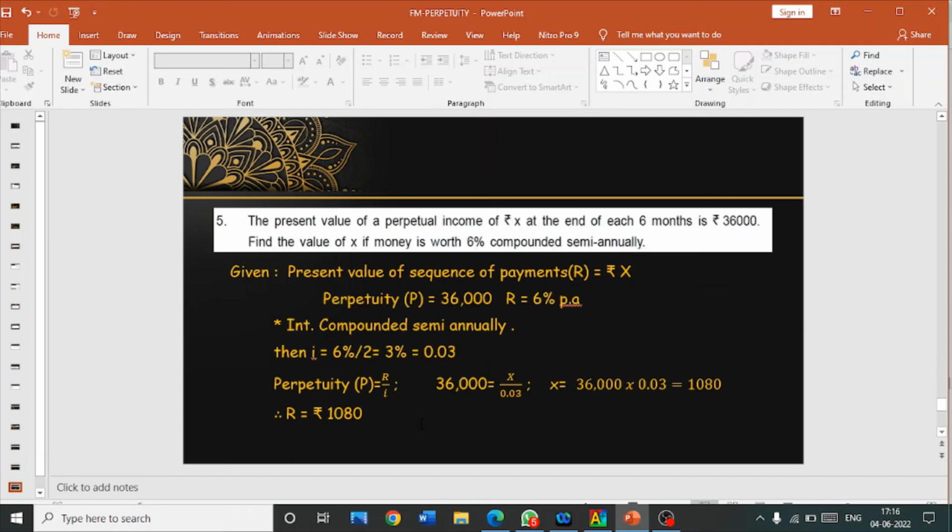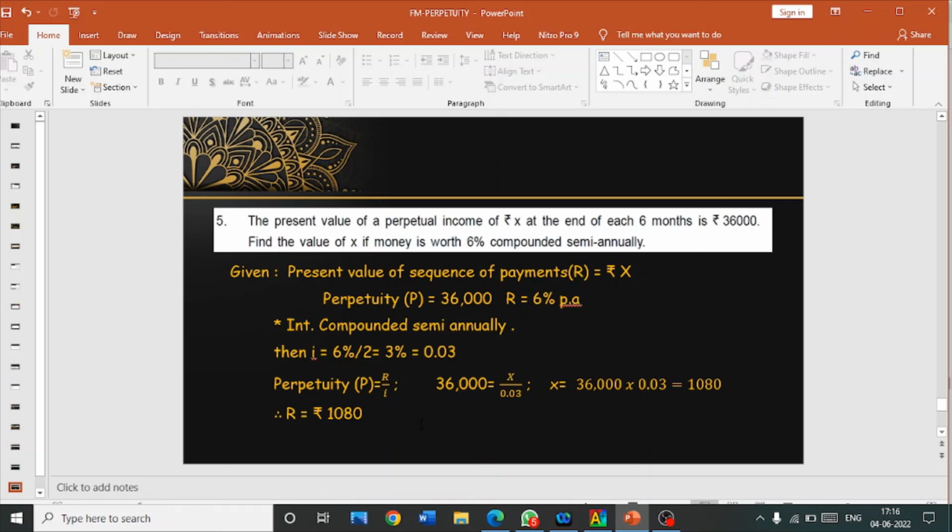Okay. So question 5. The present value of the perpetual income of rupees X. Income of rupees X means the cash flow is rupees X. At the end of each 6 months, the payment is made at the end, is rupees 36,000.